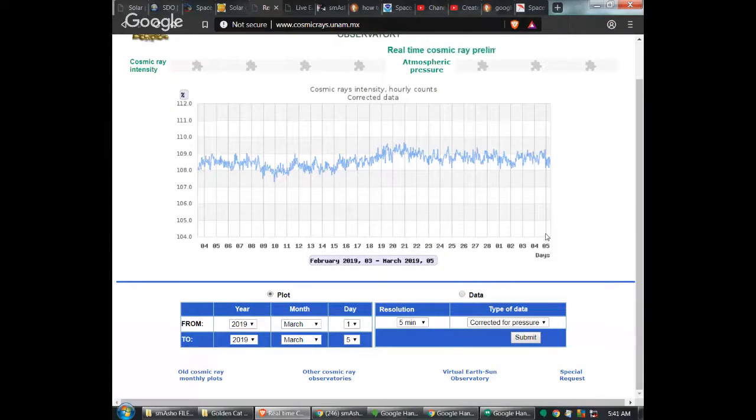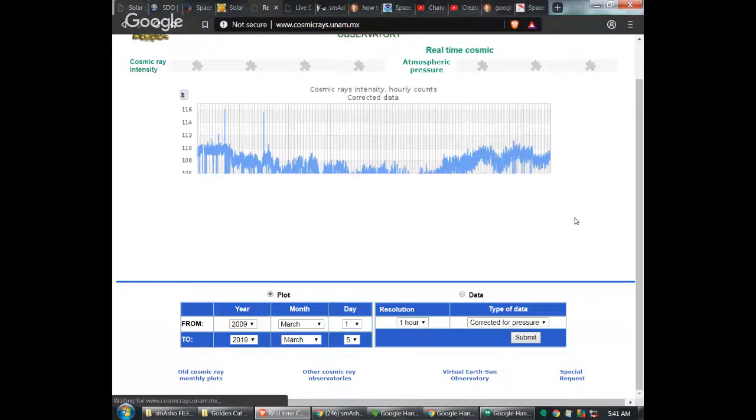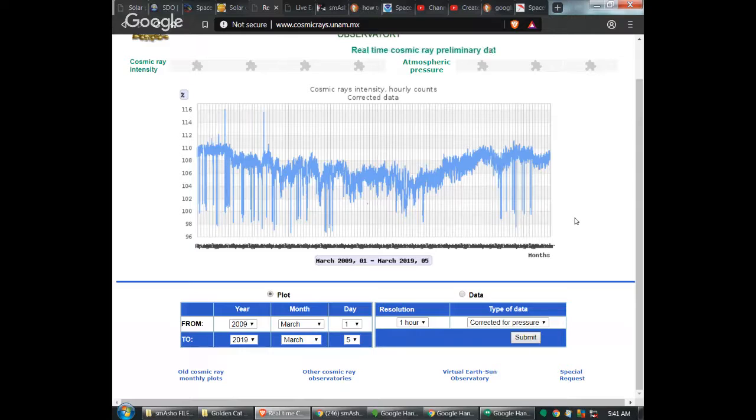There's a situation at Mexico City. By the way, this one allows you to look at different time periods, for instance. You know, there's a 10-year chart. Oh, I need a 1 hour data. There we go. There you go. And you see at Mexico City, this was actually the cosmic ray peak there.